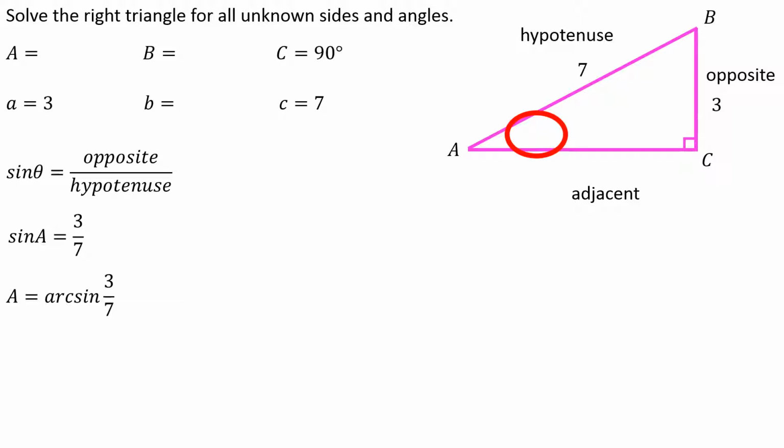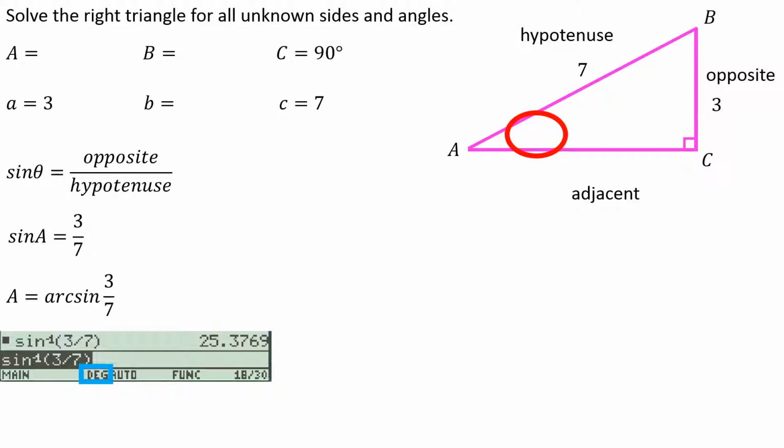So I actually need the arc sine of 3/7. That will tell me the angle. Again, make sure my calculator is in degrees. Notice when we're solving right triangles, we normally use degrees. When we use the unit circle, we normally use radians.